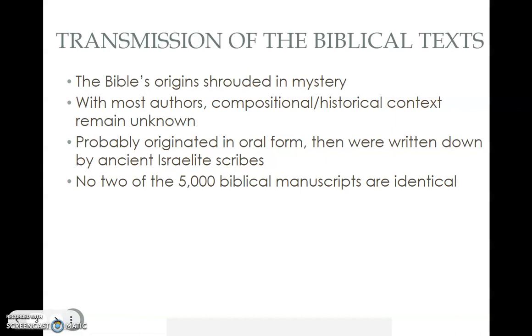So what we have in books such as Isaiah, books such as Jeremiah, the collection of Psalms, is that these books were written over very extended periods of time, probably by many hands that collected these traditions, and the traditions grew.